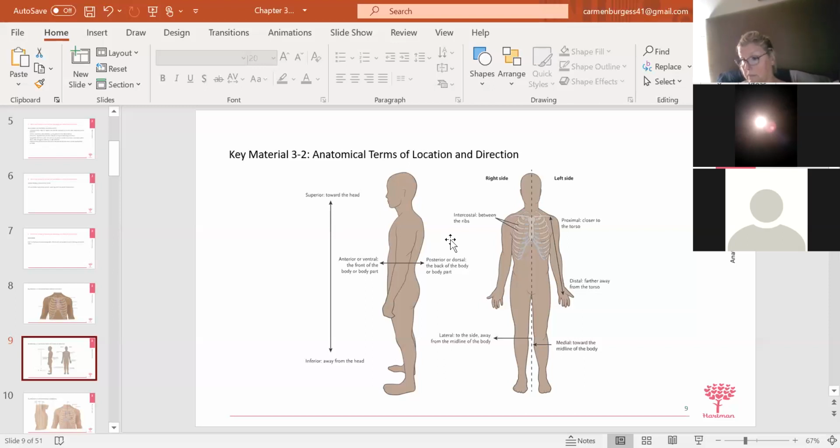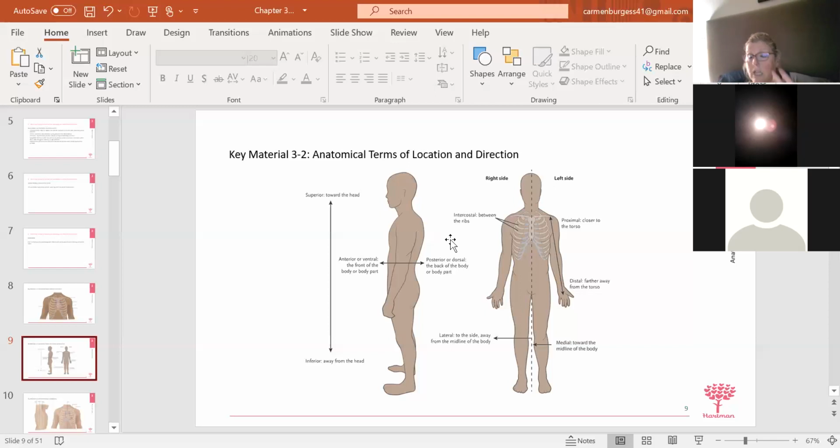And proximal again? It's closer. So when you're talking about distal and proximal, that has to do with your torso. Your knee is distal to your torso. Proximal is going to be closer. So your thigh is proximal to your torso in relationship to your knee.